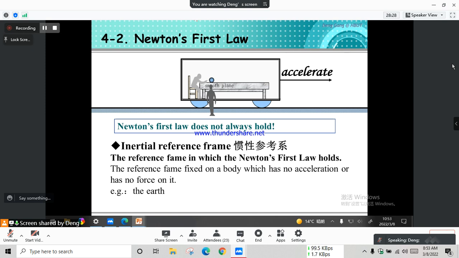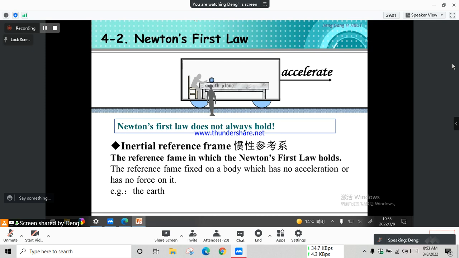And usually on the Earth, we can choose the Earth as an inertial reference frame for most of the problems. But when you are dealing with large-scale movement in the atmosphere, you cannot treat the Earth as an inertial reference frame because it's spinning.